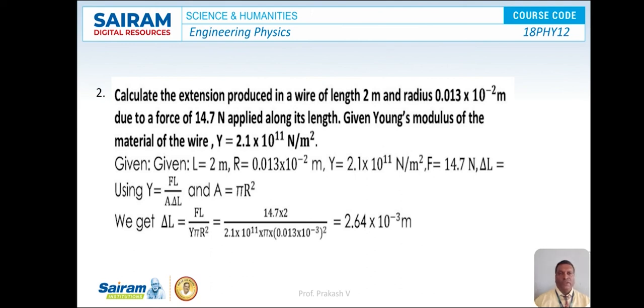On simplification, the value of delta L is equal to 2.64 into 10 to the power of minus 3 meter. That means an extension of 2.64 into 10 to the power of minus 3 meter is going to happen in the wire of length 2 meter if the force of 14.7 Newton is applied.